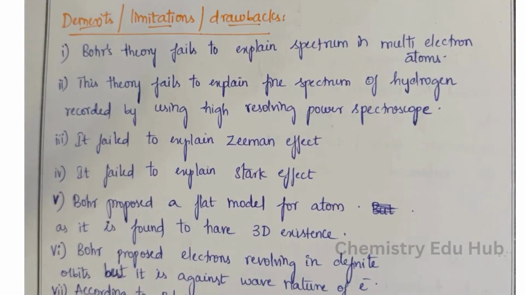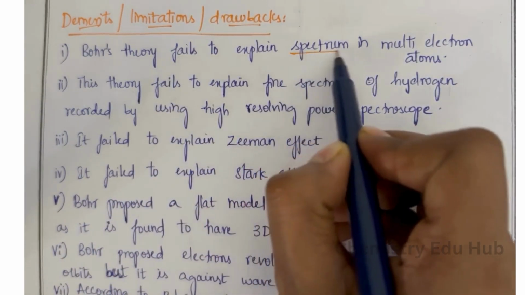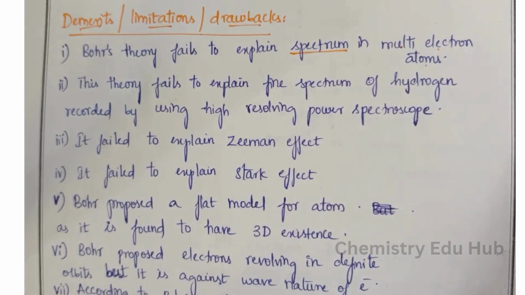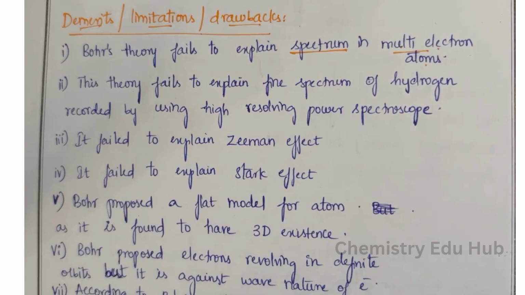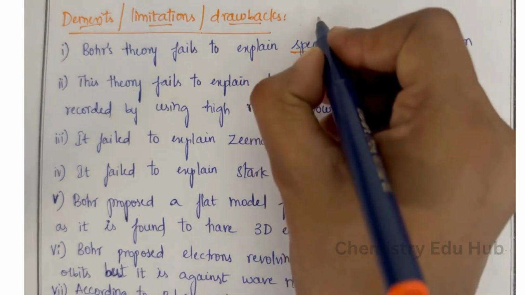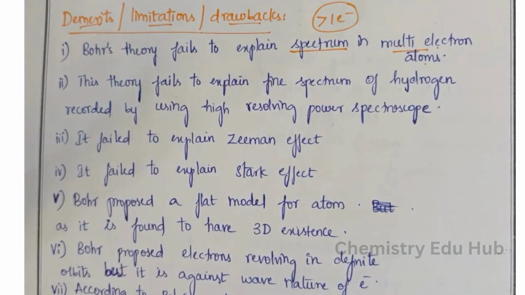So these three terms are one and the same. Bohr's theory fails to explain the spectrum in multi-electron atoms. So we said it is applicable only for single electron species. So whichever atom has greater than one electron, Bohr's theory cannot discuss the spectrum in it. So it's a failure.